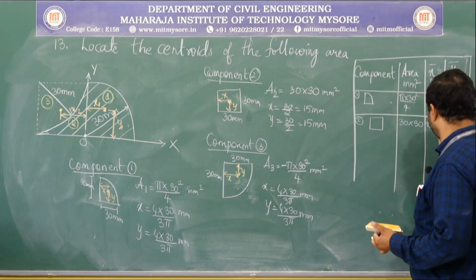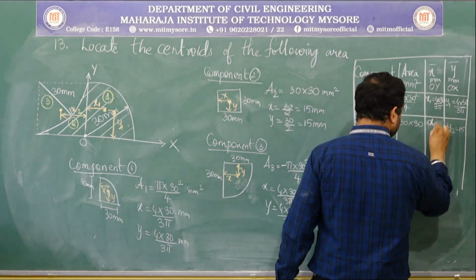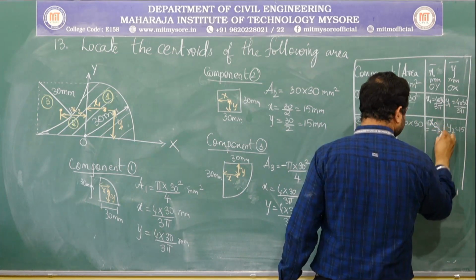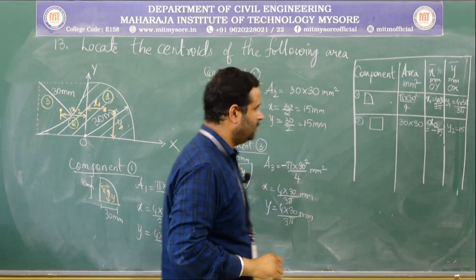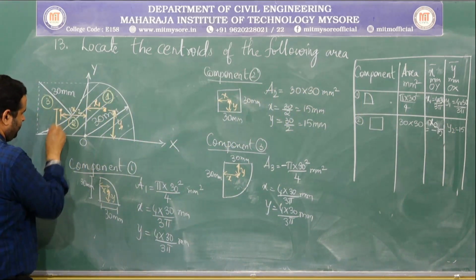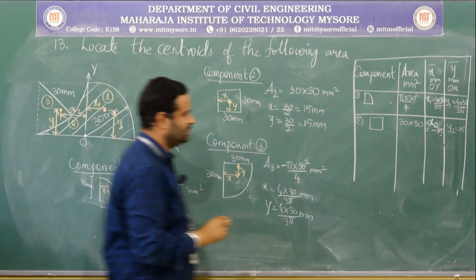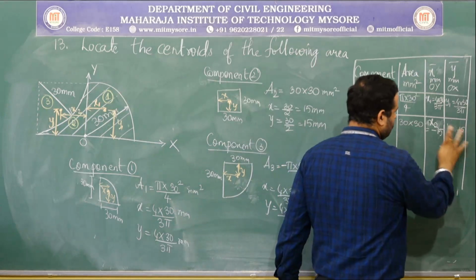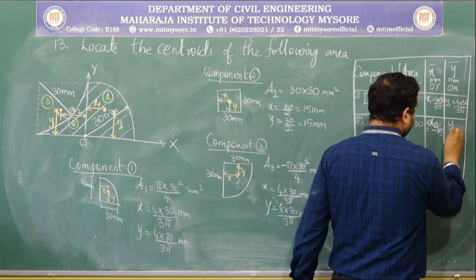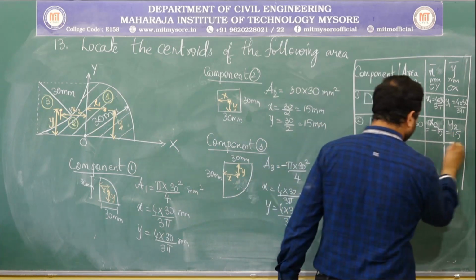x2 is equal to minus 15, whereas y2 is measured with respect to OX, it is upwards, so it is positive itself. y2 is plus 15.